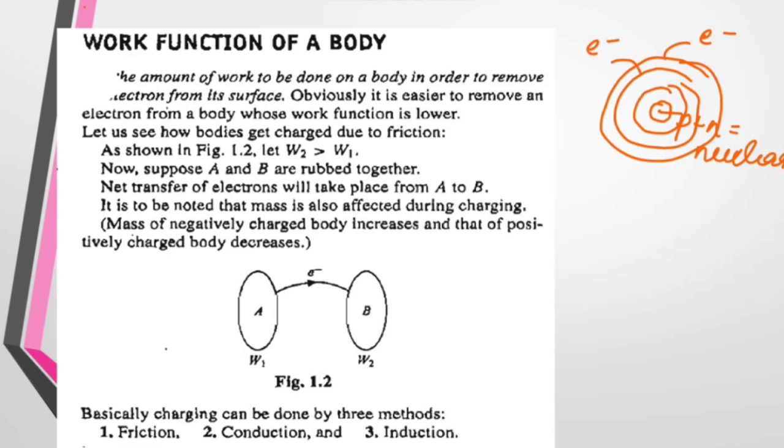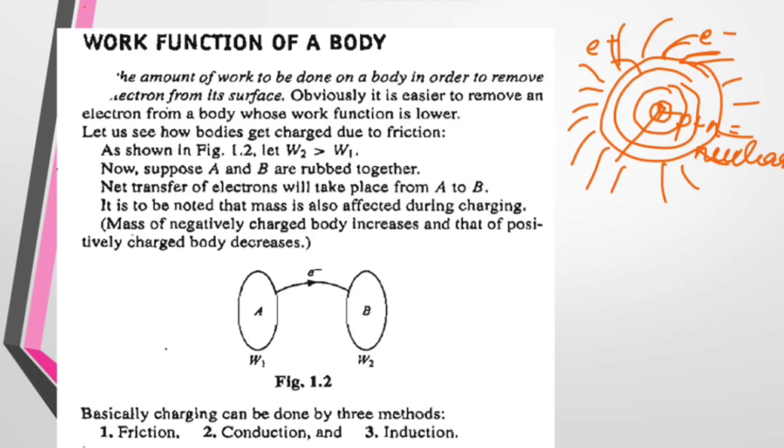So I can't remove the charged particles from the central core, right? I can remove the charged particles from the outer orbits, which sustain on the surface. So I can remove only electrons from the surface, and make that body positively charged.